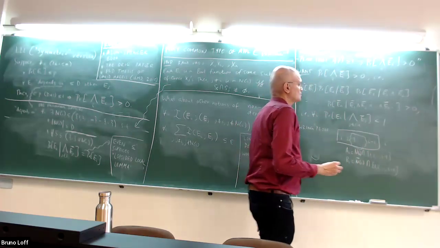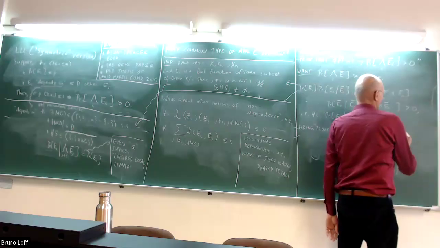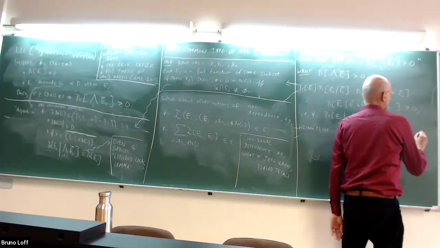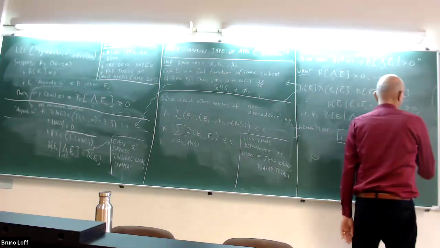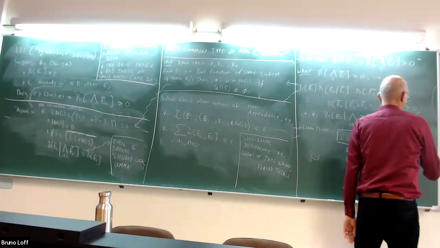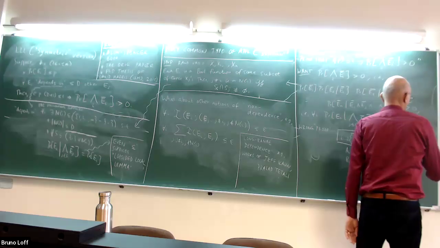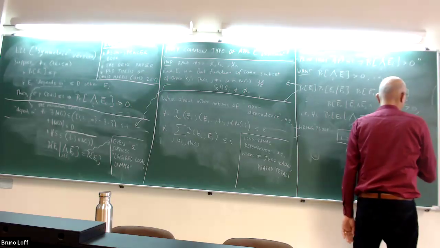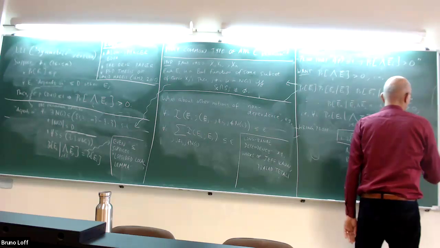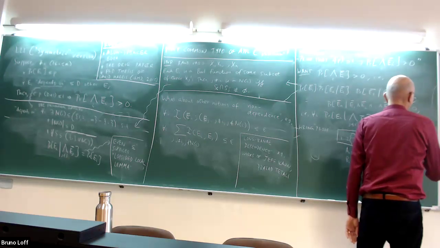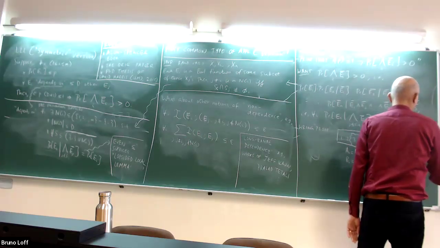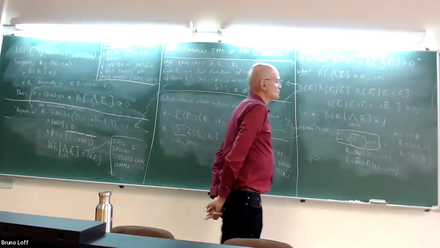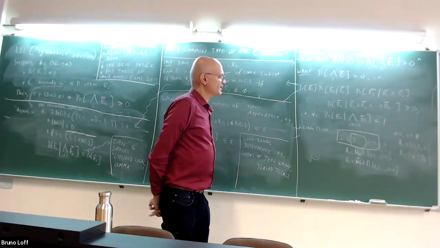So for example, let's say i is 7, Ai is 2, 3, 6, and the other is the rest.